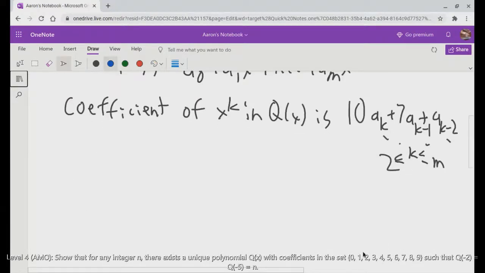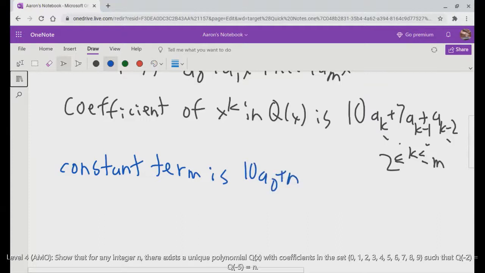In addition to this, the constant term is just equal to 10a0 plus n, and so it's a specific integer in the range of 0 through 9. Since a0 through am are all integers, the value of n can uniquely define the value of a0.